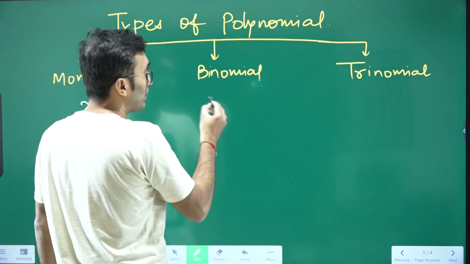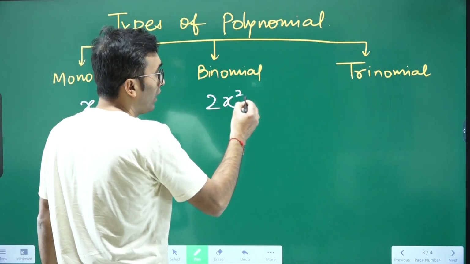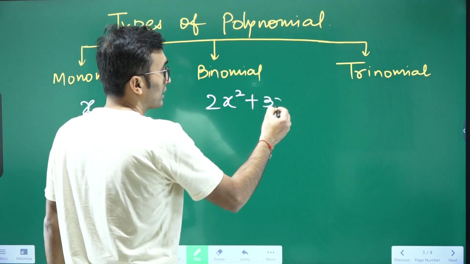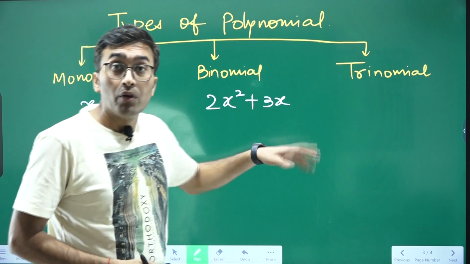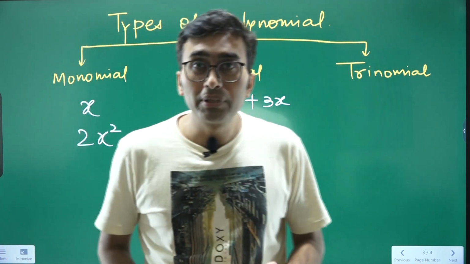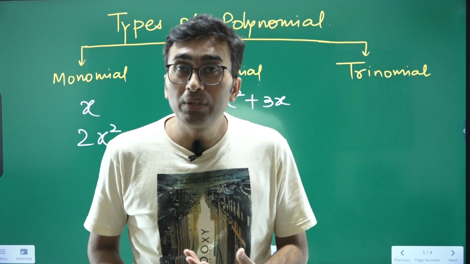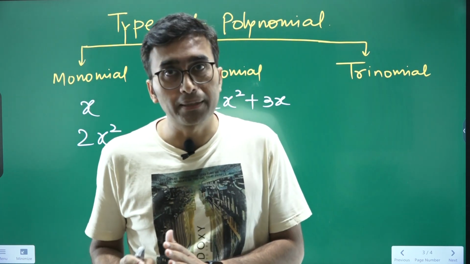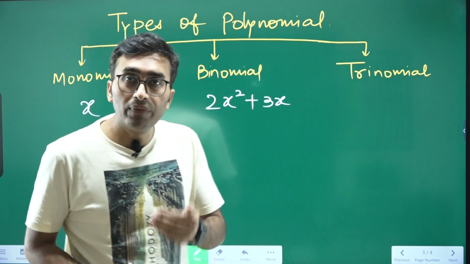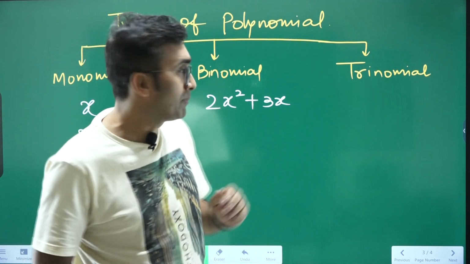If I say binomial, it can be 2x square plus 3x. It contains two terms. Whenever we are counting, the terms are counted depending upon the separation of the plus and minus sign. The terms are always separated by plus and minus sign.